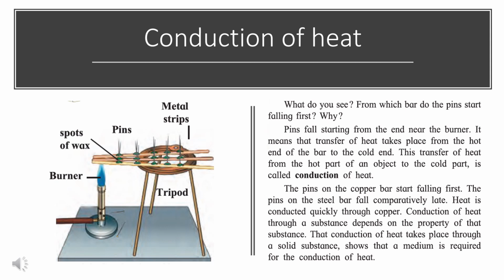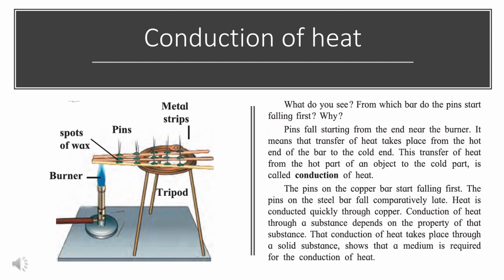We know that copper is used in copper wires in electricals also. This is because conduction in copper is more compared to other metals. So how fast the heat will be conducted totally depends on the substance.